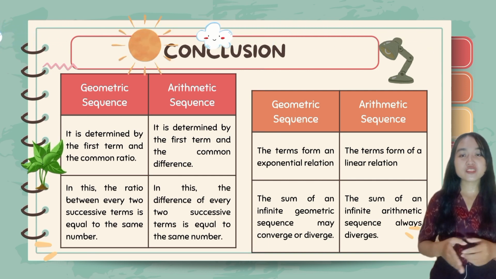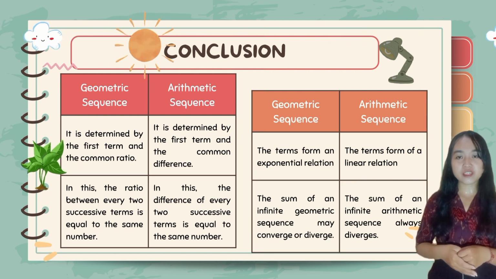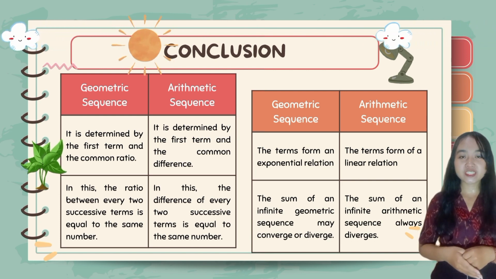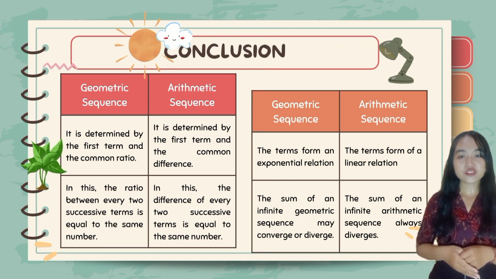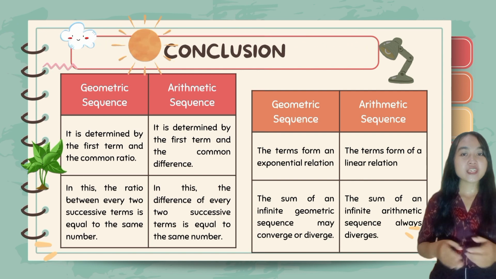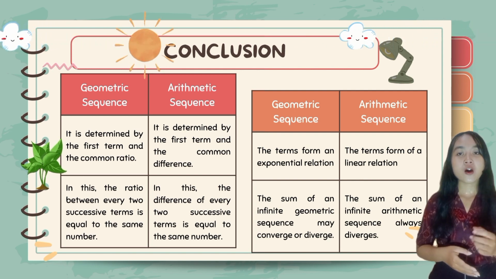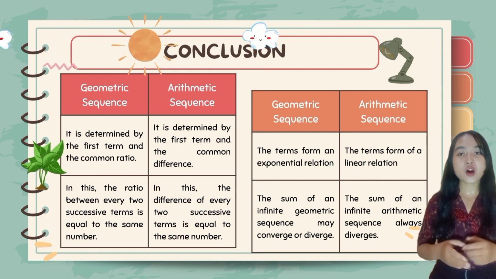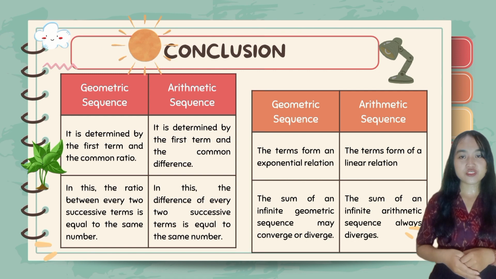And in a geometric sequence, the terms form an exponential relation, while in an arithmetic sequence, the terms form a linear relation. And the last one, the sum of an infinite geometric sequence might converge or diverge, while the sum of an infinite arithmetic sequence always diverges.